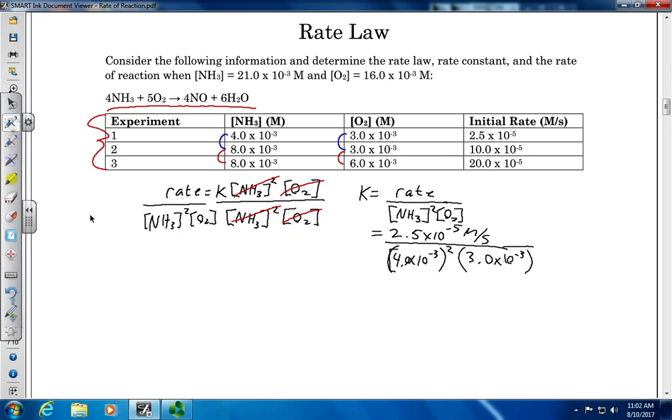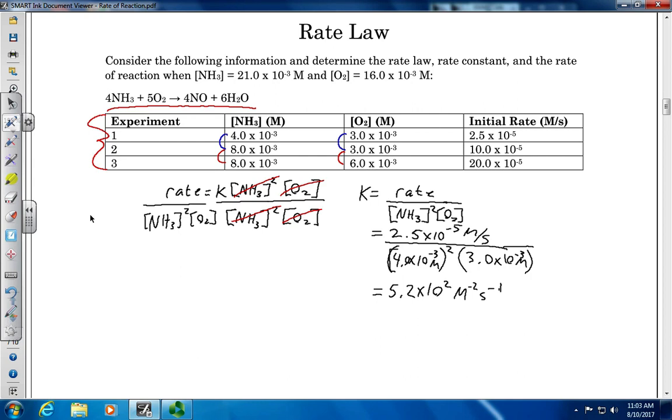And this is molars and molar. Okay? So once you've done that, you'll find that your k value is approximately 5.2 times 10 to the second power per molar squared per second. And that is our k value.